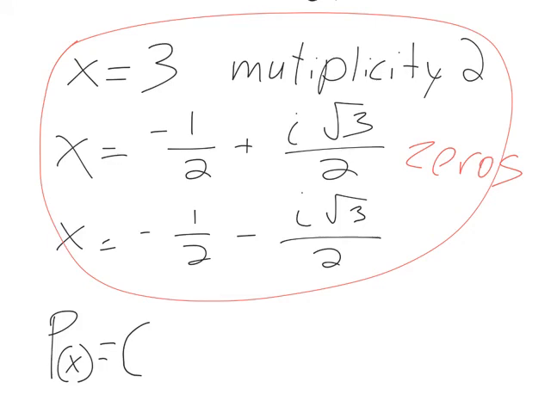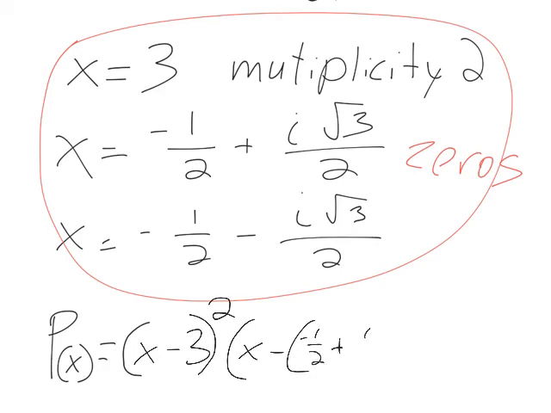It is multiplicity 2, so that will be x minus 3 for the factor, and then there's 2 of them. So we put a square right there. And then my other 2 are going to be those longer, more complicated ones. X minus the negative 1/2 plus i square root 3 over 2. We'll work on that one in just a minute.